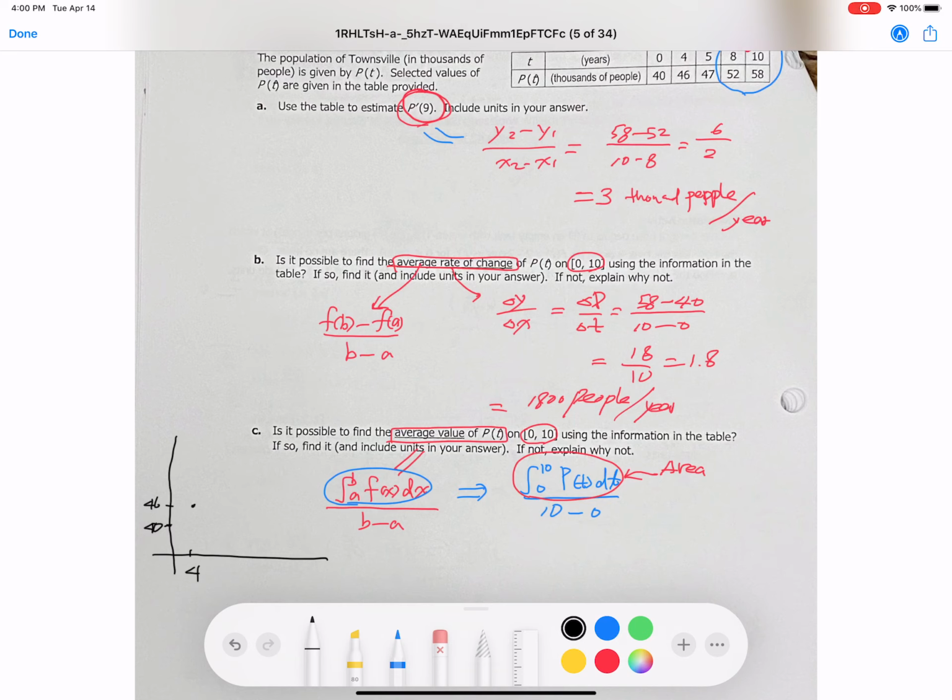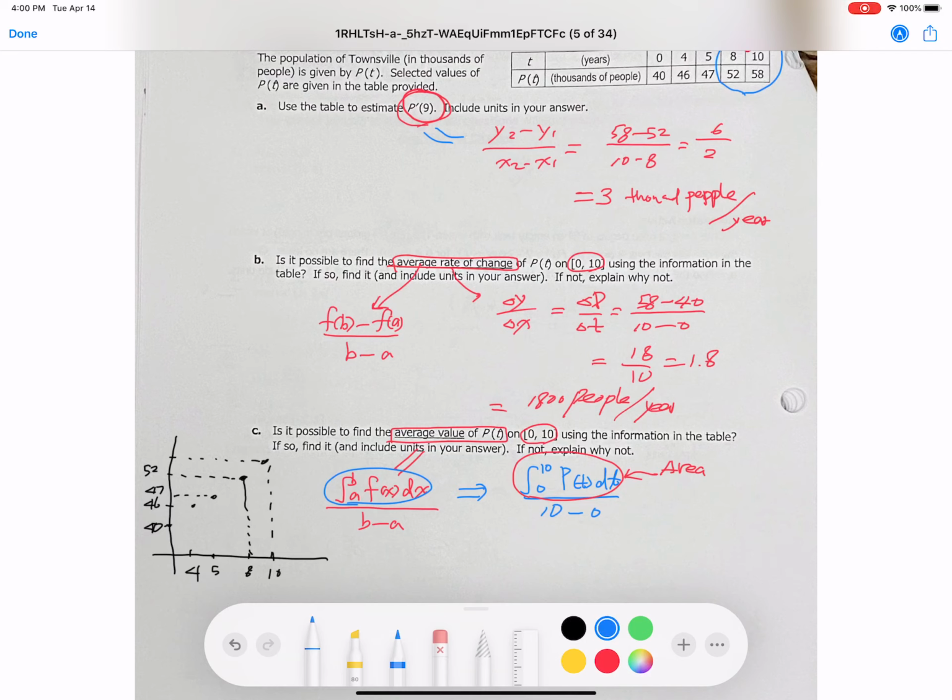This point and this point. What about (5, 47)? (8, 52), (10, 58).